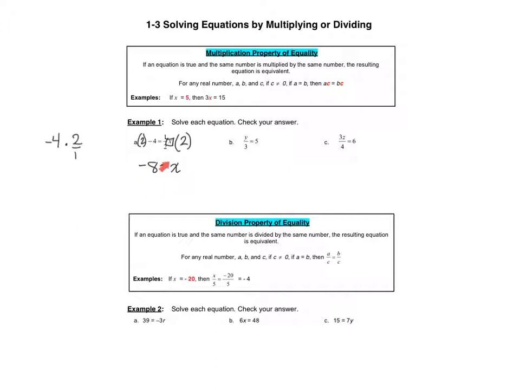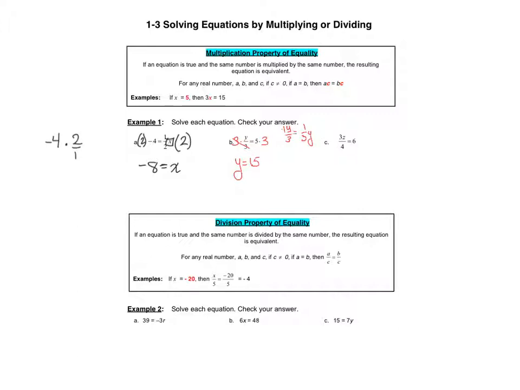so this is correct. Okay, in example B, we have y divided by 3 equals 5. Well, if this is division of 3, then I'm going to multiply both sides by 3. And so I get y equals 5 times 3 is 15. Another way to think of this y/3 would be the same thing as having a 1 in front of that, like 1/3 y.